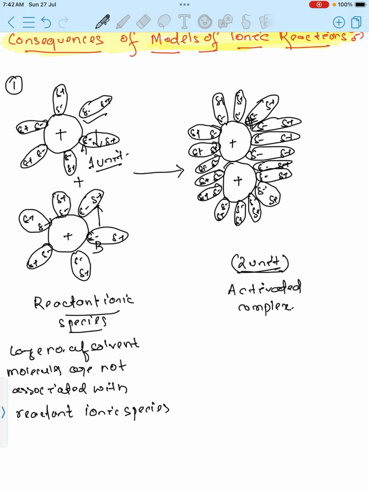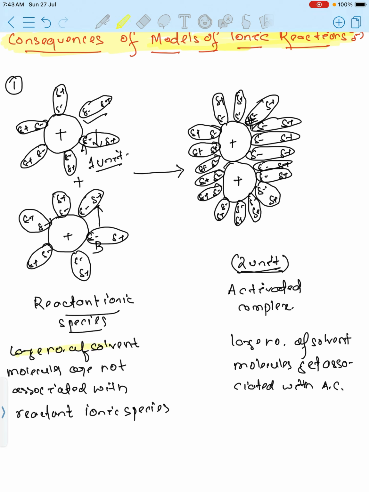But here, as the unit charge increases, a large number of solvent molecules get associated with the activated complex.